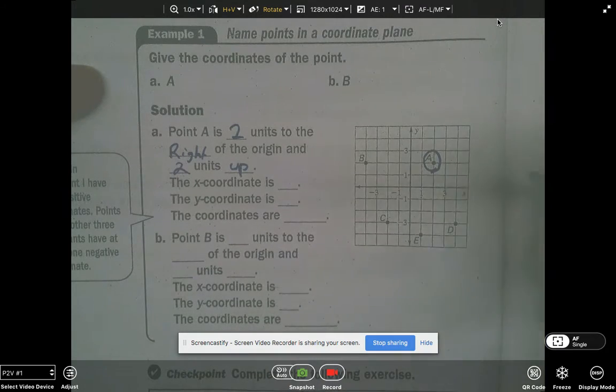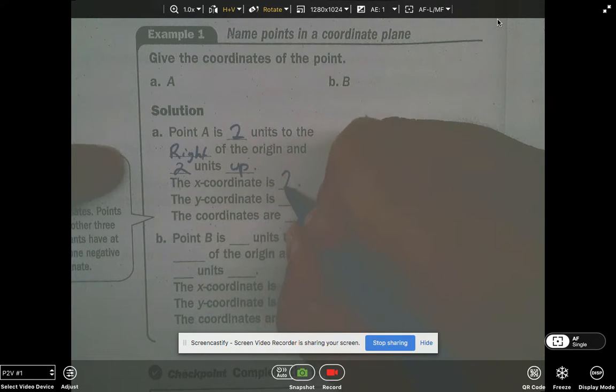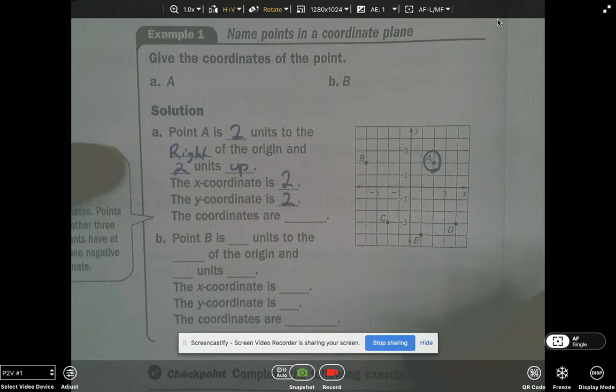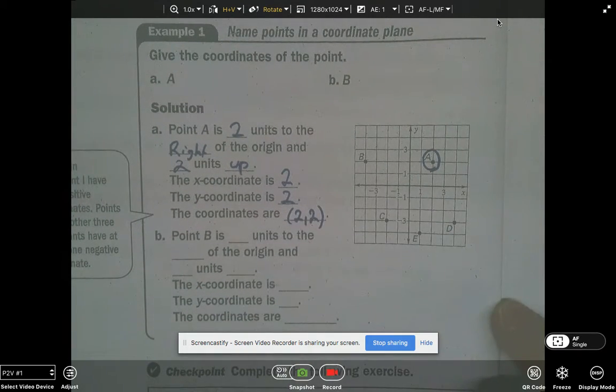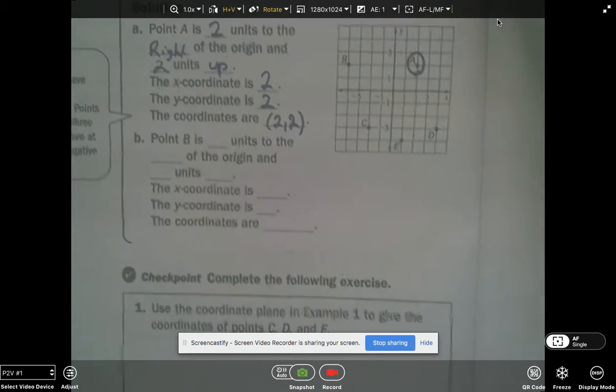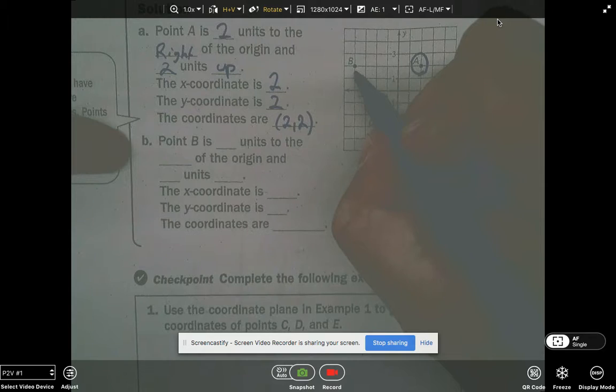Could you tell me what you think the x and y coordinates are? Yeah, 2, 2. And to write that as an ordered pair, it would be 2, 2. All right, talk to a neighbor and see if you can figure out what to put for coordinate B.